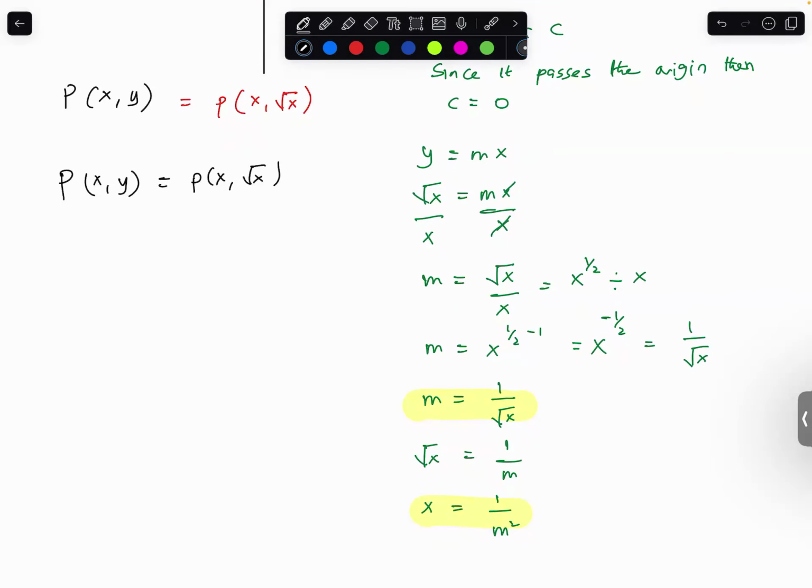The point P of x comma root x equals P of, instead of x, 1 over m squared, comma, and we have above that root x is 1 over m, so comma 1 over m. And this is our final answer.